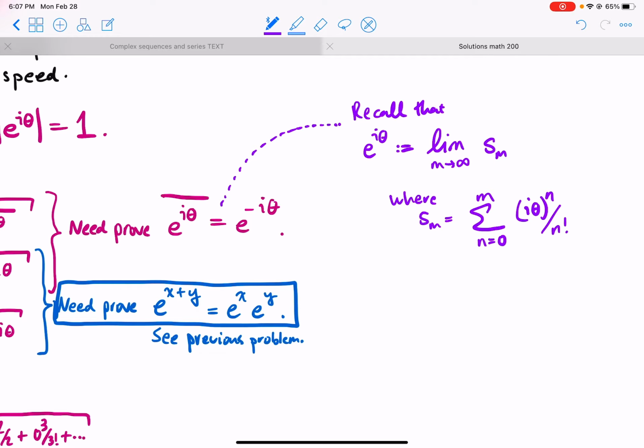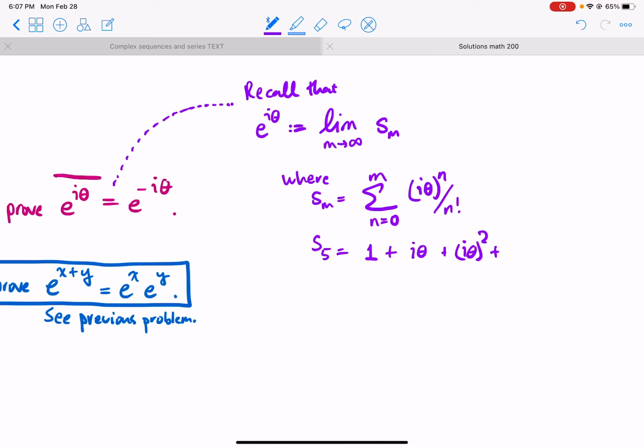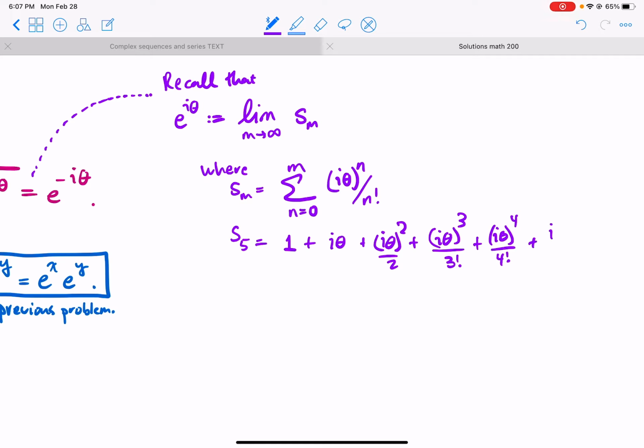Okay? So quite literally, for example, S5 would be 1 plus i theta plus i theta squared over 2 plus i theta to the third over 3 factorial plus i theta to the fourth over 4 factorial plus i theta to the fifth over 5 factorial.